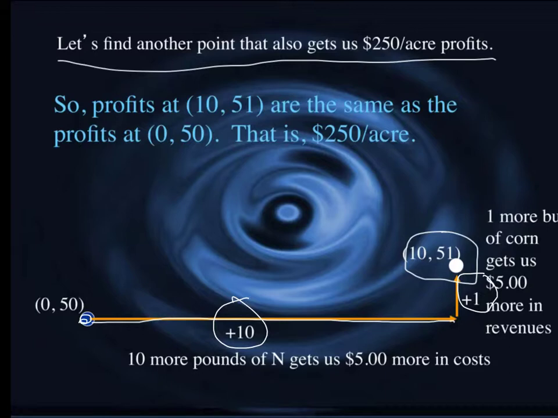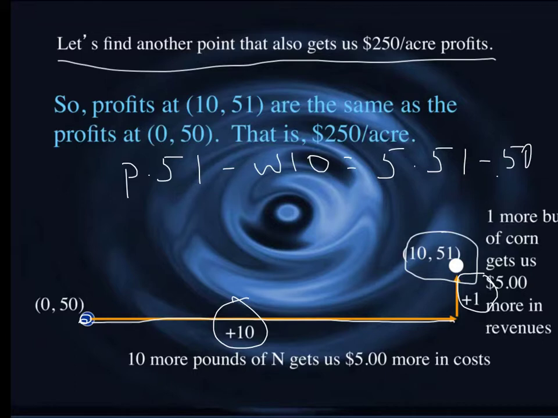Look at it. P times 51 minus W times 10 equals 5 times 51 minus 0.50 times 10, and that is going to equal 250. You can work that out.